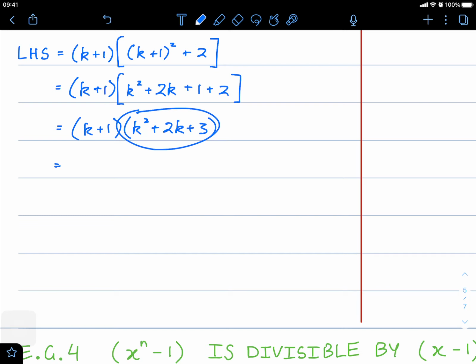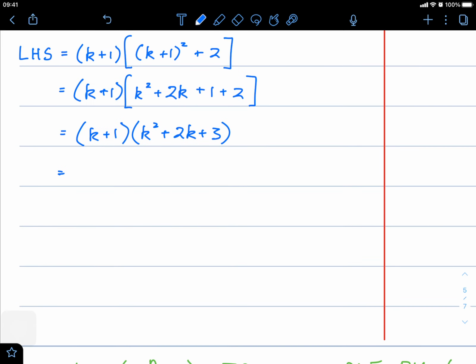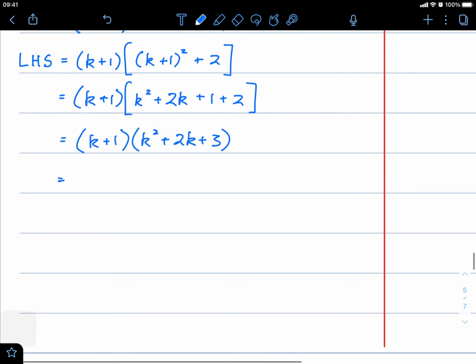But if you try and factorize this, you'll see that there are no numbers that multiply to 3 and add to 2. So if you try and factorize this in any way, you'll come to a dead end. Now, it's not always advised, but it's not a never rule. So it's not advised that we expand, but in this case, this cannot factor.